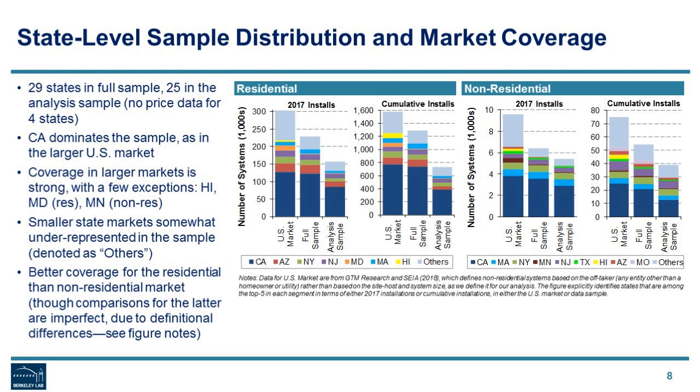The smaller and more mid-sized state markets, which are consolidated in these figures in the light blue others category, that's really where most of the gap in our sample coverage exists, and there are a variety of reasons for that. And then last, you can see that our market coverage for residential systems on the left-hand side is a little bit stronger than our coverage for the non-residential sector.